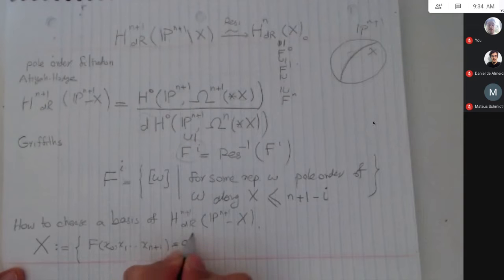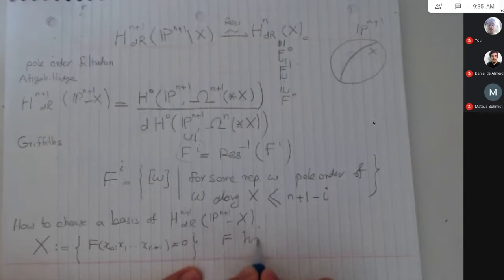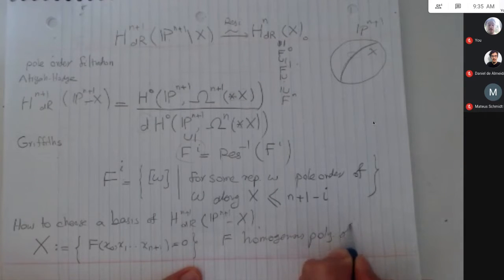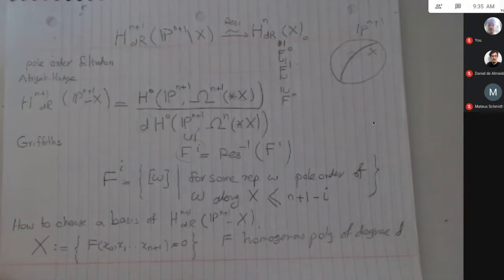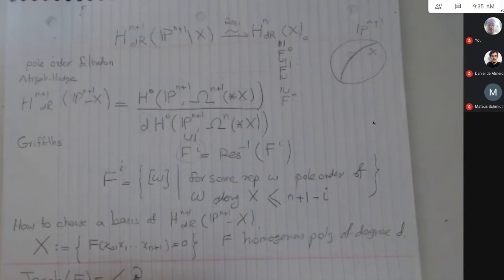So I will form the Jacobian ideal of F. It is just the partial derivatives of F with respect to x_1 up to x_{n+1}.